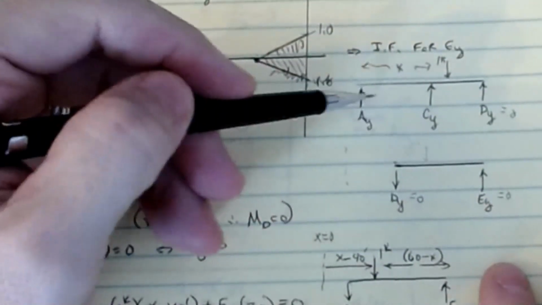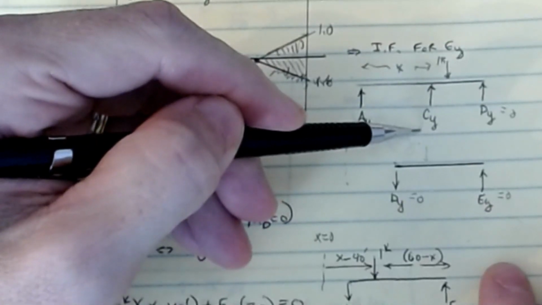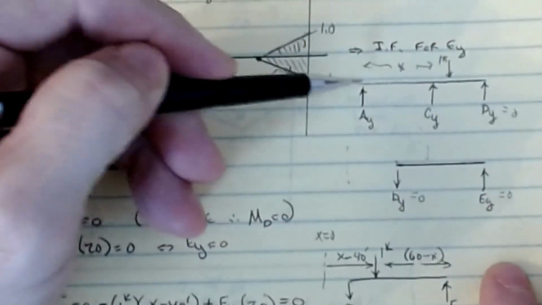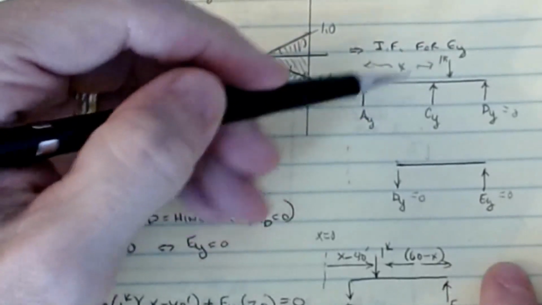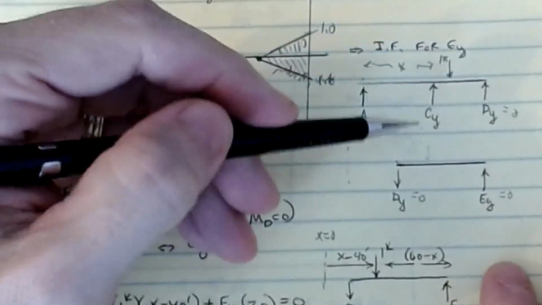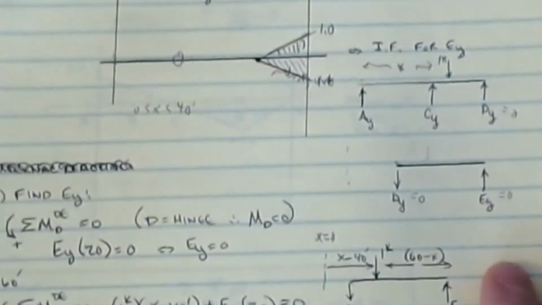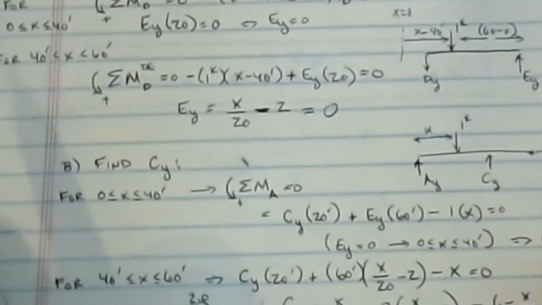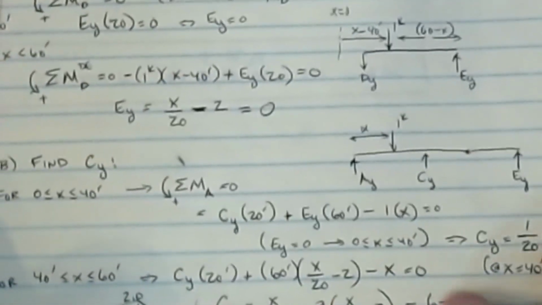And so now I have the ability to figure out this reaction. If I'm after the reaction at C, then I could sum moments at A and generate that equation, that it would be 1 kip times x, divided by the distance between A and C. So that would be the equation that looks something like this.